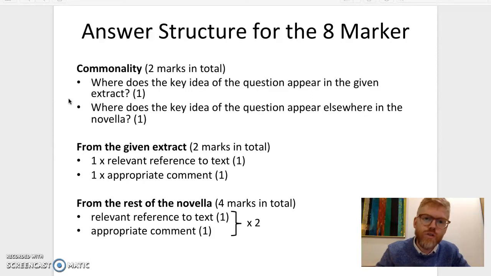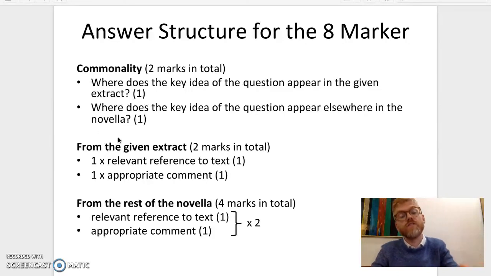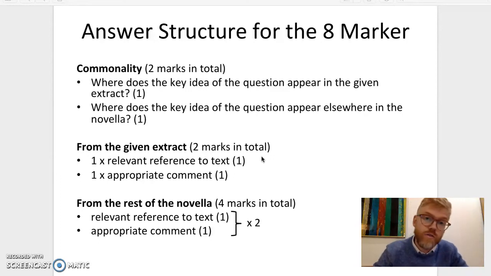Okay, so the next 2 marks of the 8 marks are available for your reference to the given extract. Now, it's important to note that there are only 2 marks available for answers that draw from the passage that you have in front of you.